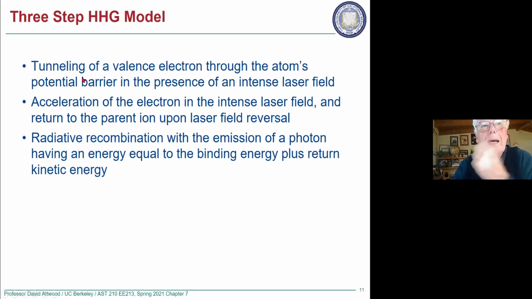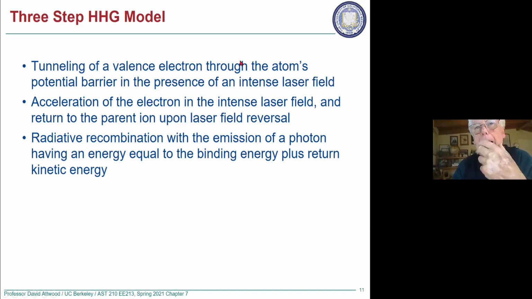We're tunneling through that potential barrier, meaning the electric field. There's an electric field holding the atom in, and we're not applying an electric field that's strong enough to just pluck the electron right out, but there is a possibility of tunneling through that.